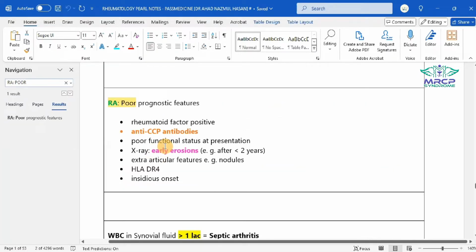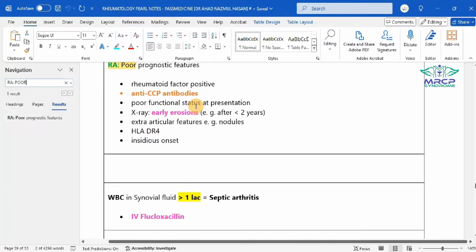Whenever the patient is having the anti-CCP antibody, it usually carries the worst prognosis, and this is also related to aggressive joint destruction. And other poor prognostic factors would be rheumatoid factor positive, poor functional status at presentation, and whenever there is early erosion occurring before 2 years, whenever there are extra-articular features like the nodules, or association with the HLA-DR4, or whenever there is any insidious onset.